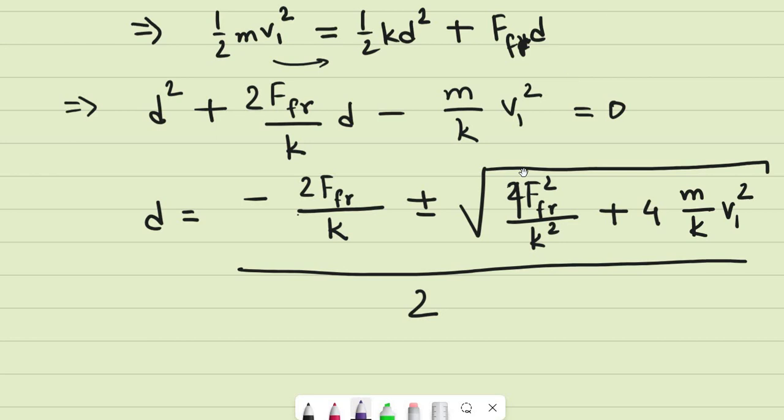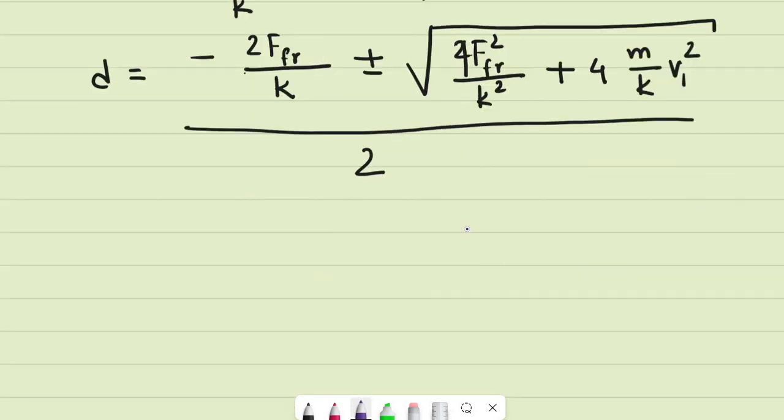If we plug in the values, what do we find?